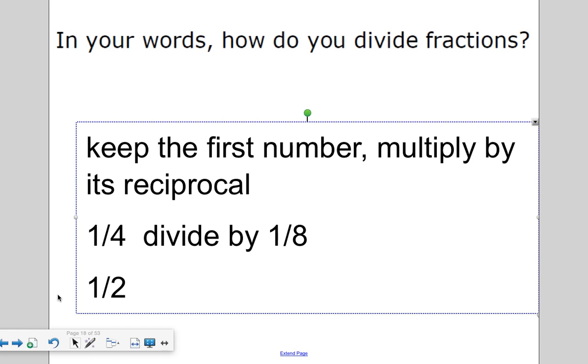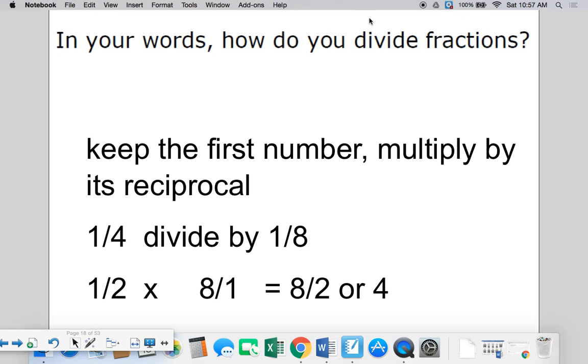So keep 1/4, multiply by the reciprocal of 1/8, which is 8/1, and you get 8/2, or just 4. How many 1/8s go into 1/4? 4 groups of 1/8. This is how you divide by a fraction, or how to divide fractions.